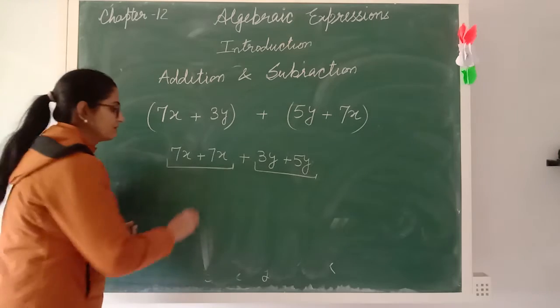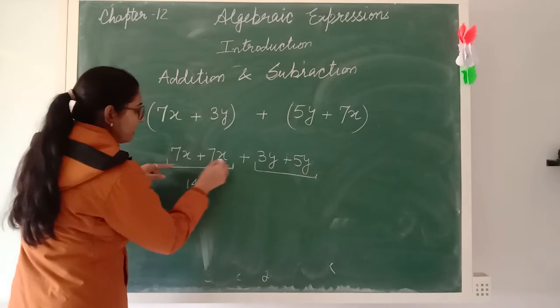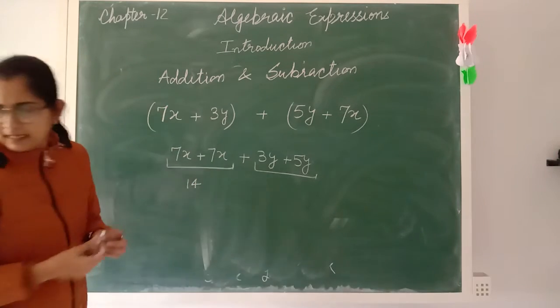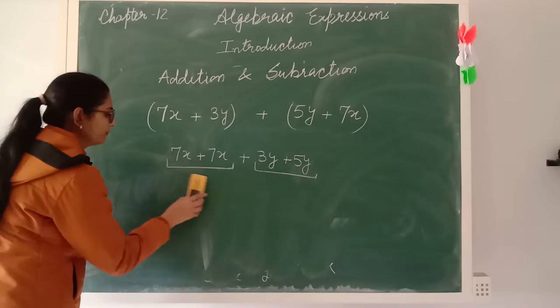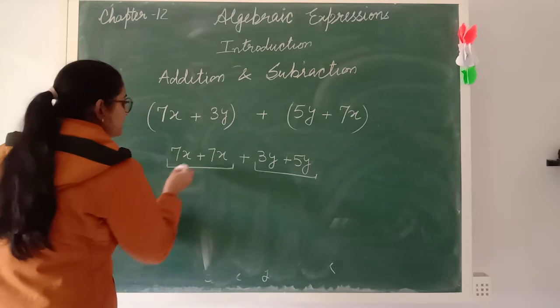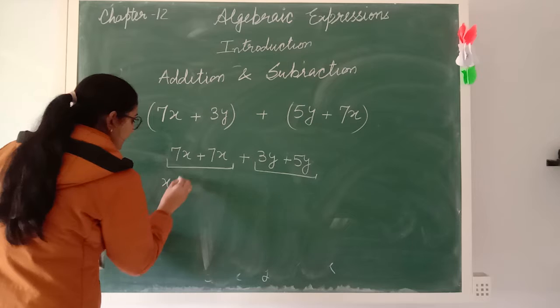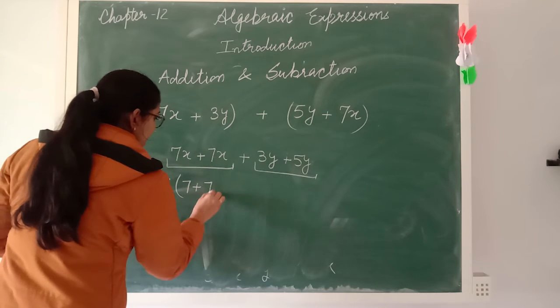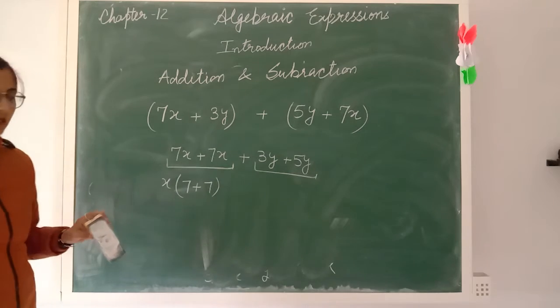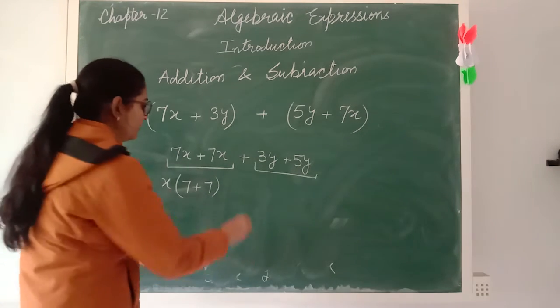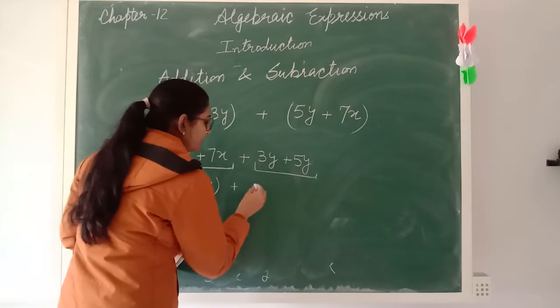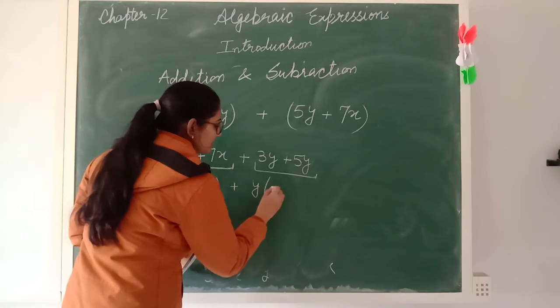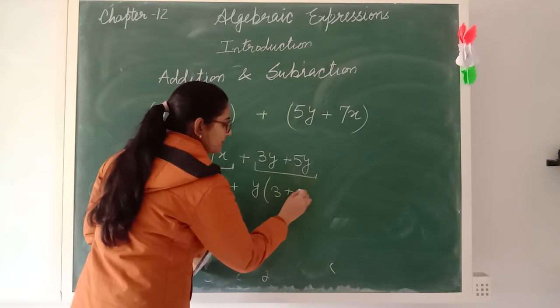7 plus 7 is 14, and we take x as common. When we take y as common, 3 is here and 5 is here.